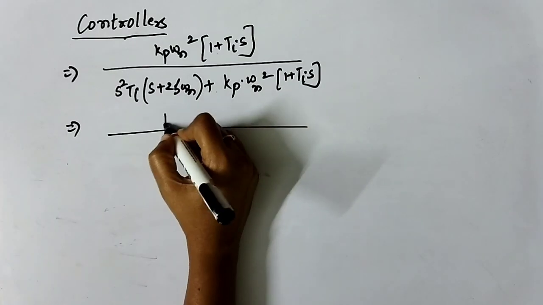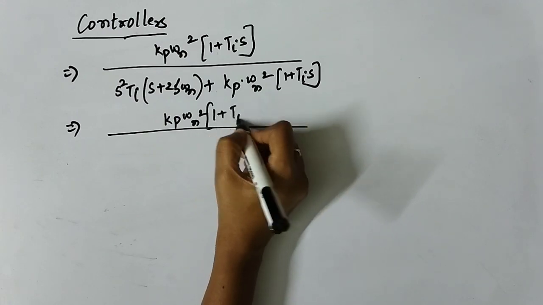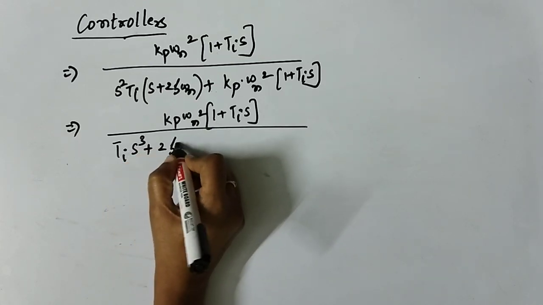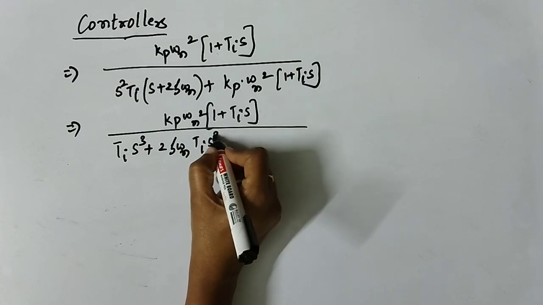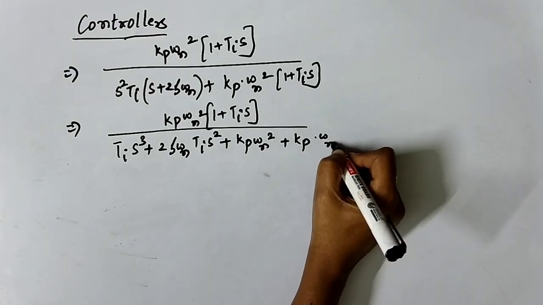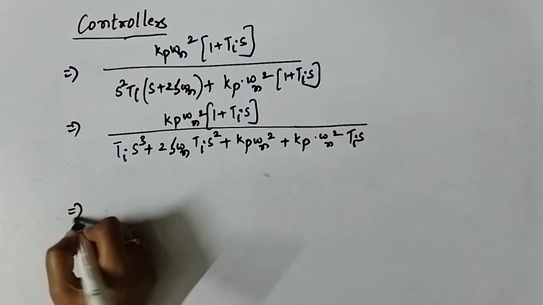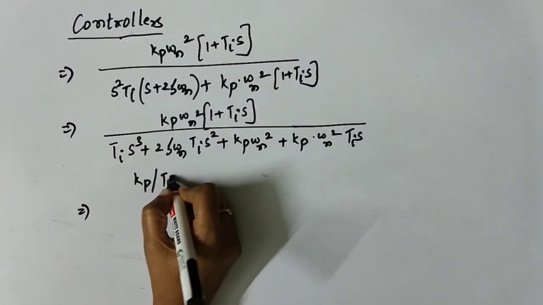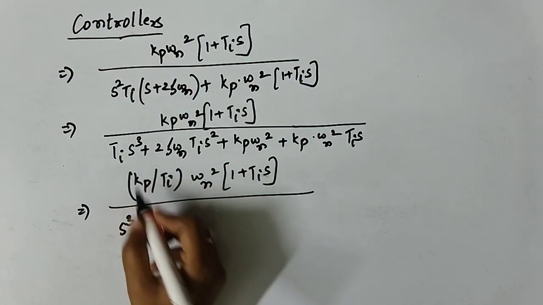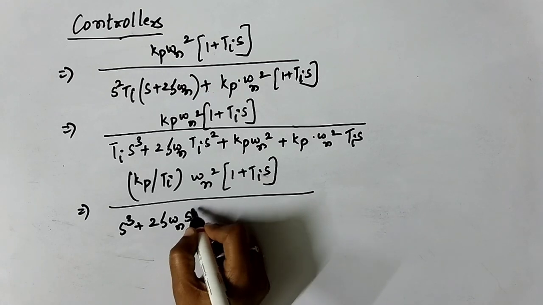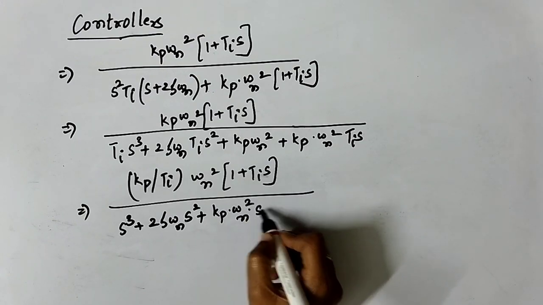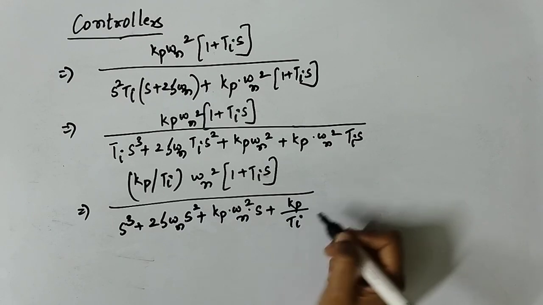Now from this, we get Kp into omega n square into (1 plus Ti S) by Ti S cube plus 2 zeta omega n Ti S square plus Kp omega n square plus Kp omega n square Ti S. You can write this as Kp by Ti, taking out Ti common, into omega n square (1 plus Ti S) by S cube plus 2 zeta omega n S square plus Kp omega n square S plus Kp by Ti into omega n square.